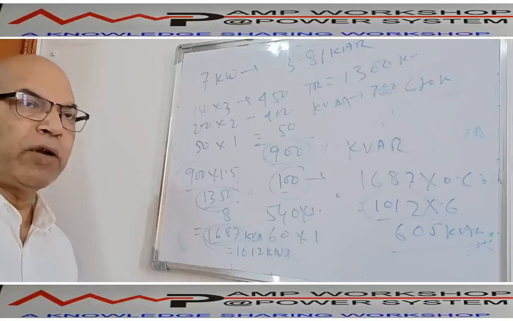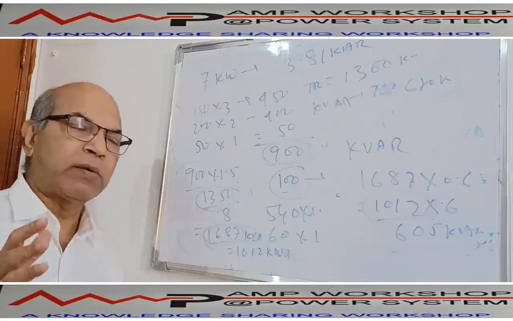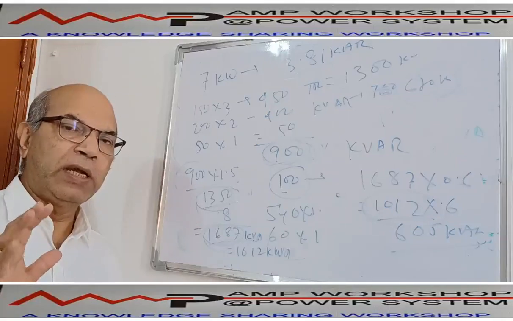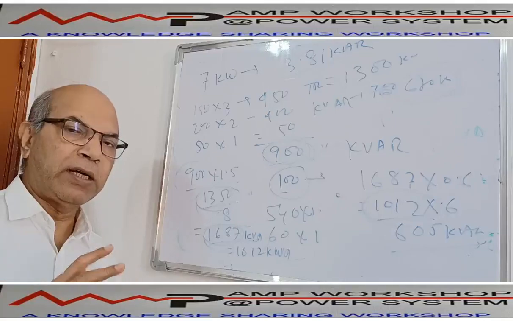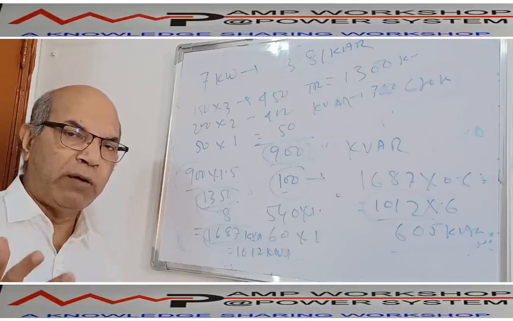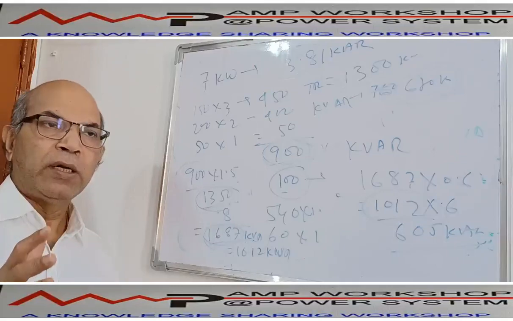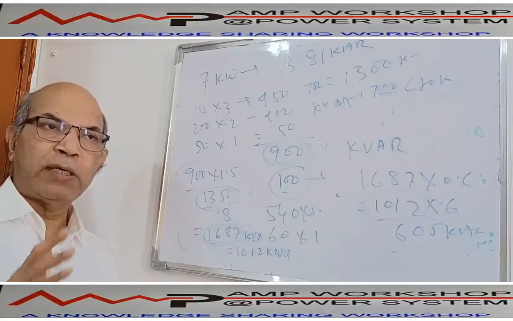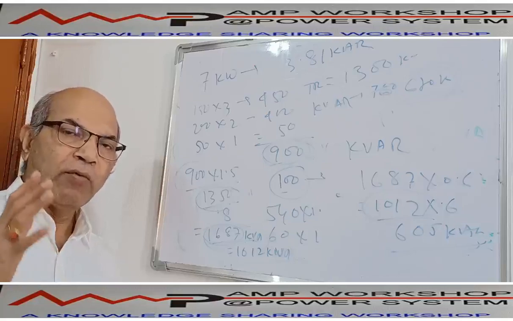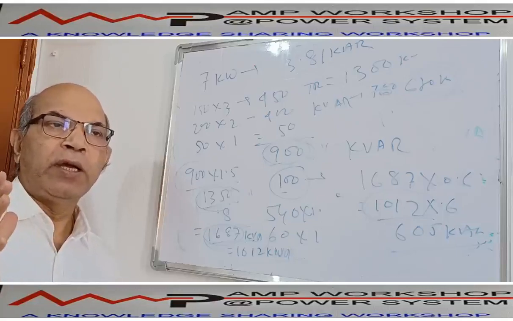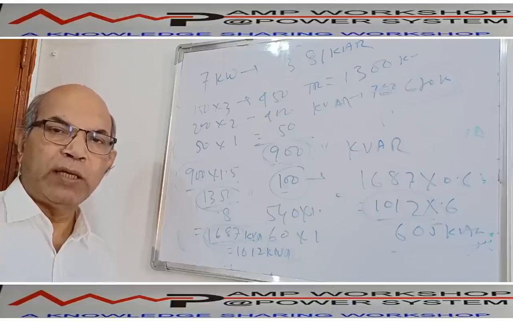Now, another point we have to keep in mind when we talk about transformer sizing, we have to clearly mention that if it is an oil filled transformer, such as this 1500 kVA or 2000 kVA transformer, the loading will be such that the transformer oil temperature and winding temperature rise shall not increase more than the rated condition.